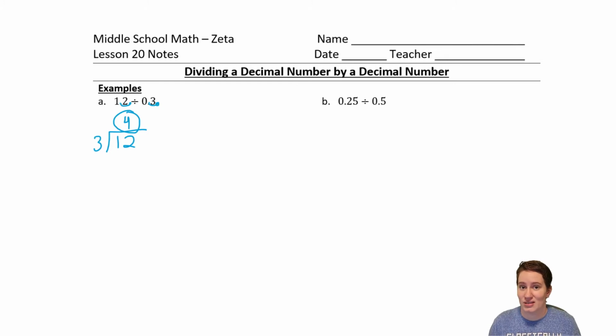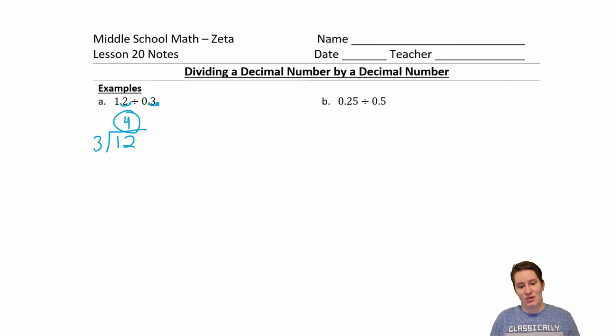And that's tricky because there aren't any whole 0.5s in 0.25, because 0.5 is bigger than 0.25, right? So the answer we get is actually going to be a decimal, because we can't put a whole 0.5 in 0.25, but we can put part of a 0.5 in 0.25. It's really weird, which is why I like that we have a method that makes it to where we don't even have to think about any of that.